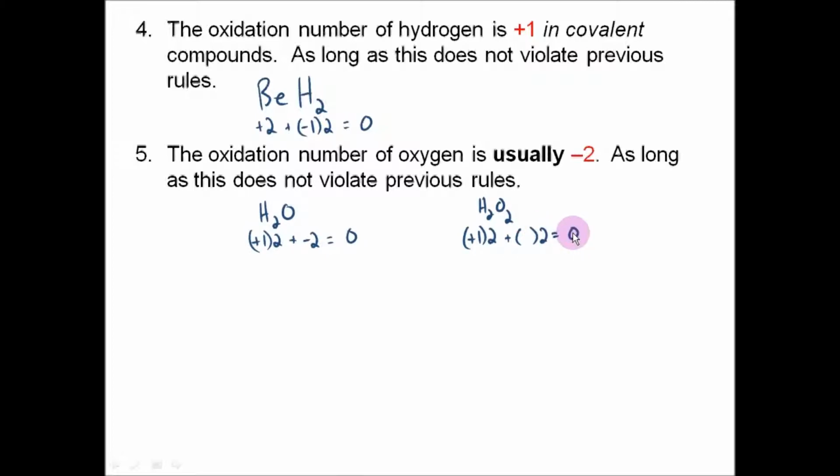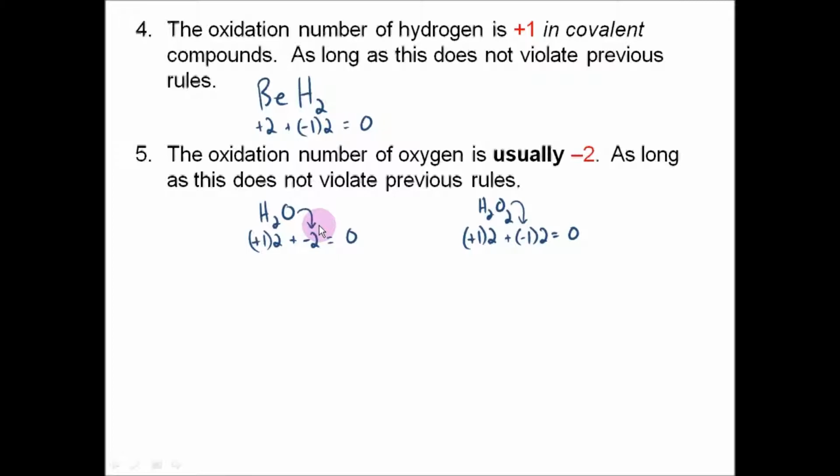And so in fact, the oxygen in this case, each of them has to be a -1. So there we see in a peroxide, we're going to have -1 as the oxidation number on oxygen, but typically when we're dealing with oxygen in covalent compounds, it's going to be a -2.